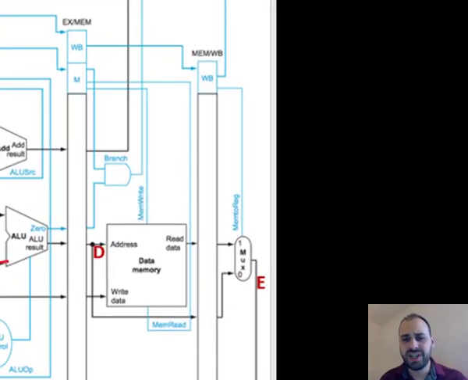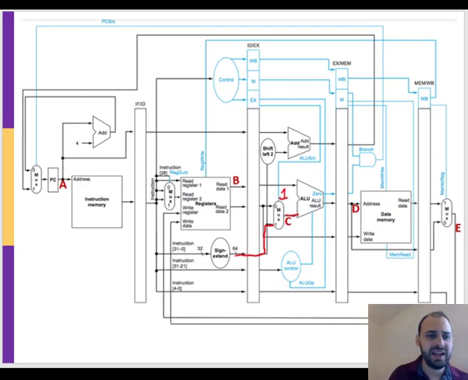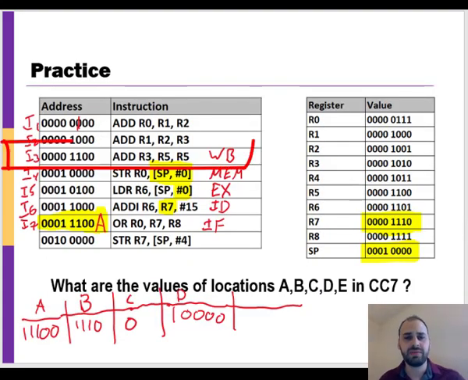All right, and then the very last one, we're looking at the write back stage, location E. If you look at location E in our diagram, we see that that is the data being written back to the register file. And if we look at the instruction that is running in the write back stage, it's R5 plus R5 that's going to be written back to the register.